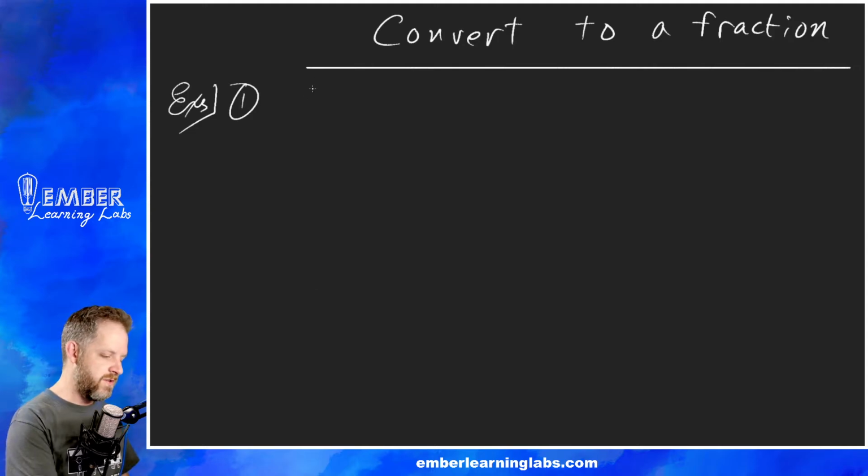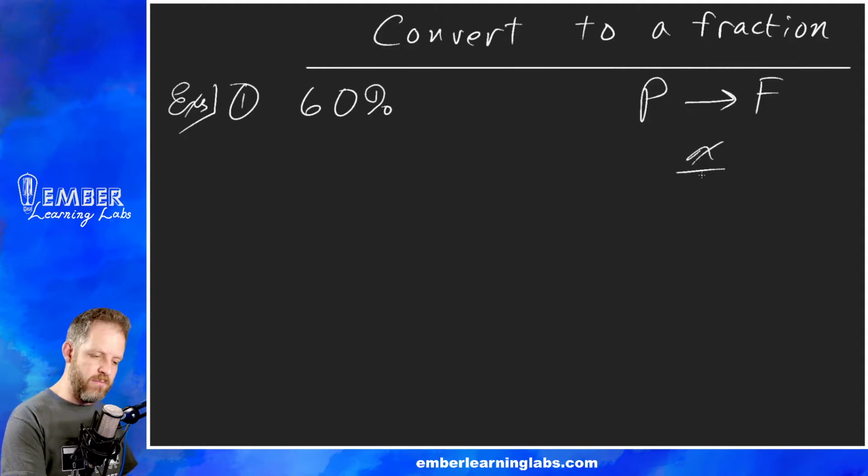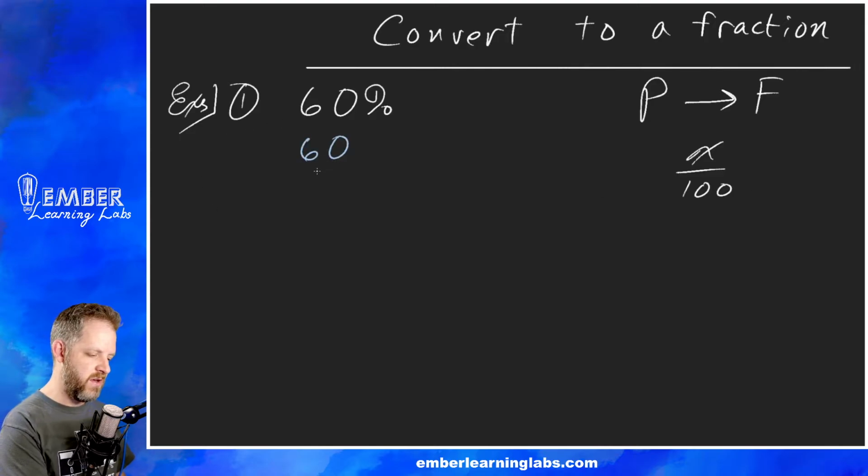We're going to convert 60% to a fraction. Okay? So, to convert a percent to a fraction, we divide by 100. So, we're going to take this and do 60 over 100.